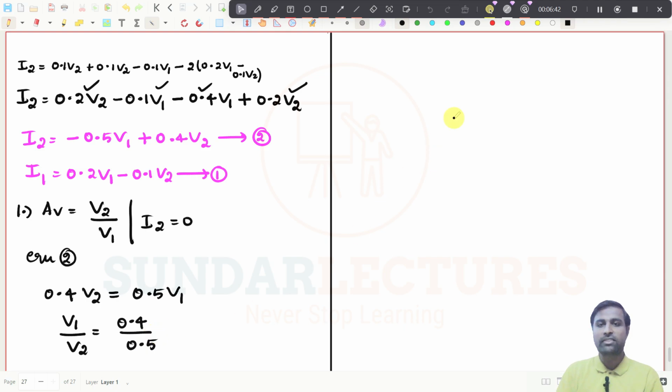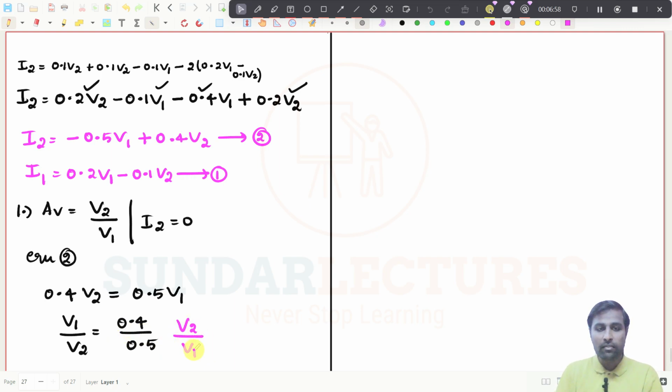This is the voltage gain, and finally if you simplify this expression, then AV will be equal to, one minute. You see it is V2 by V1, right? So V2 by V1, it will be inverted.